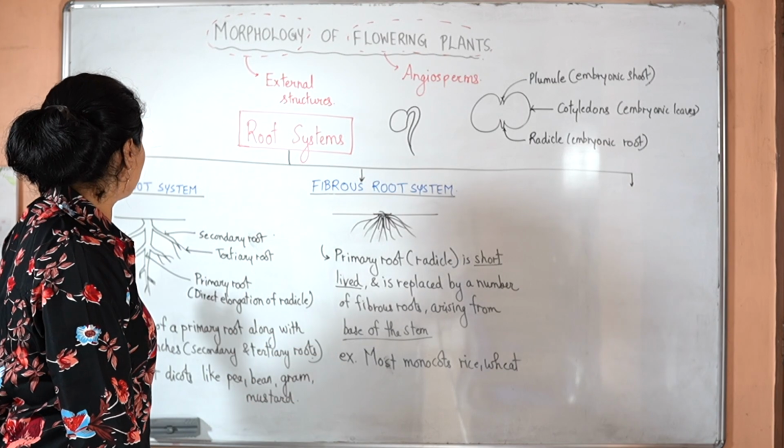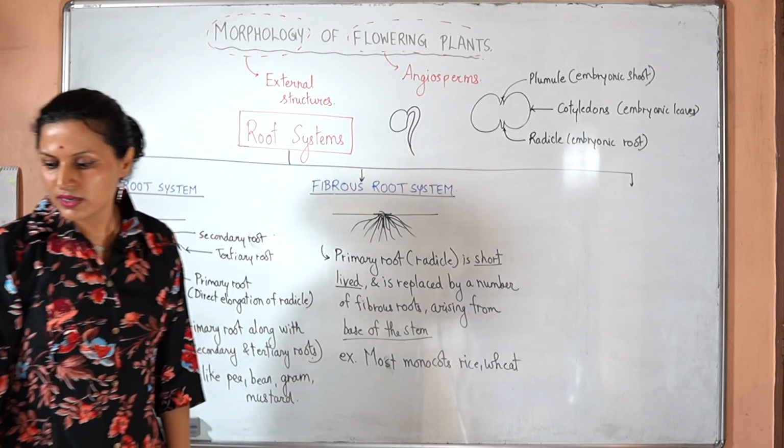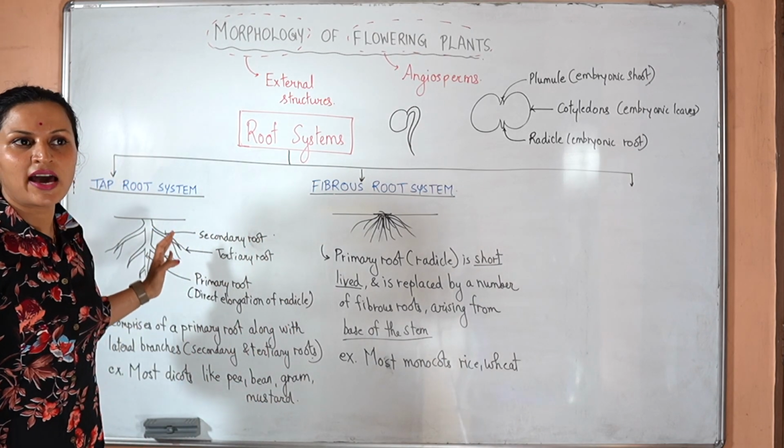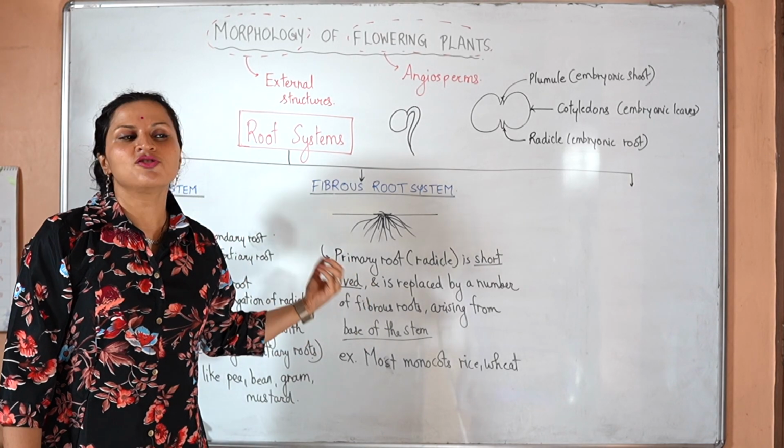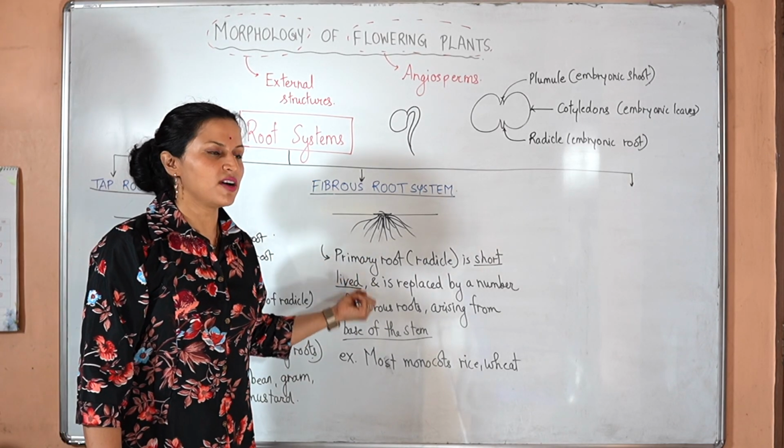The main difference between taproot system and the fibrous root system is that the taproot system will still have its primary root, and the fibrous root system will lack a primary root, which is very short-lived and replaced by many fibrous roots.